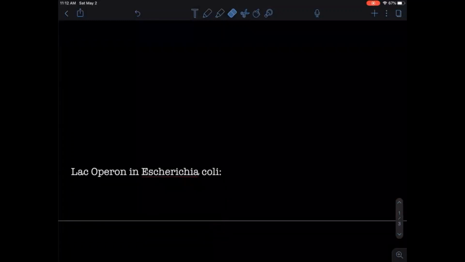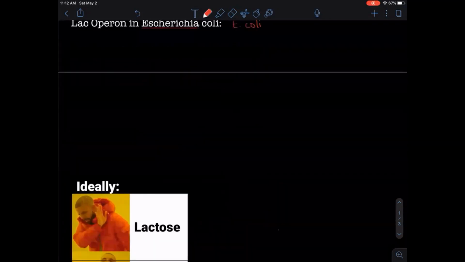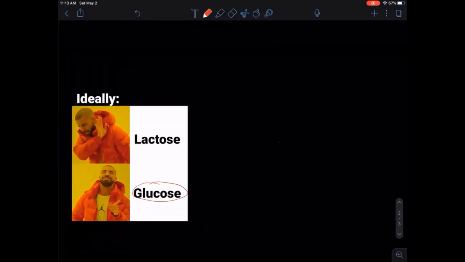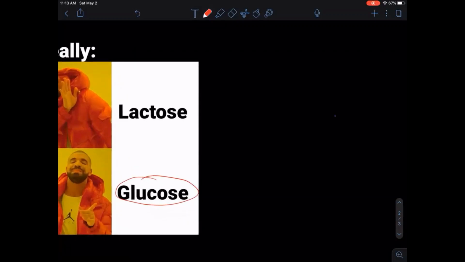This brings us to the Lac Operon in Escherichia coli, commonly known as E. coli. Under normal circumstances, E. coli prefers to use glucose as its primary metabolite, that is, the carbohydrate used to metabolize.